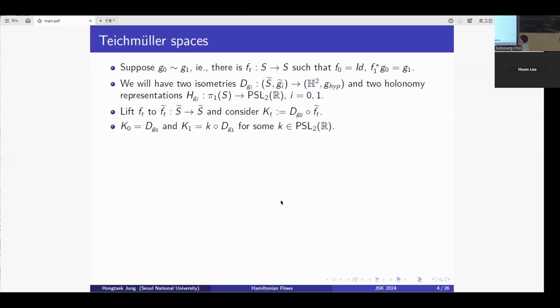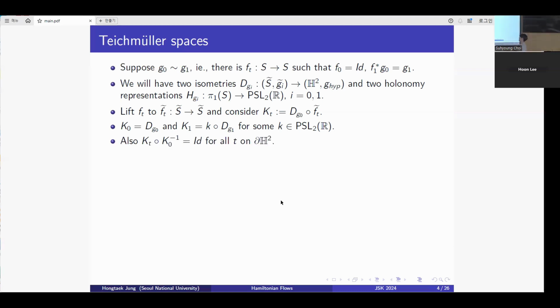And at time 1, the pullback of G0 is G1. So K1 is another isometry from the universal cover with G1 to the standard model. And if we have two such isometries, they must differ by post-composition by an element of the isometry group of H2. So we have this relation.